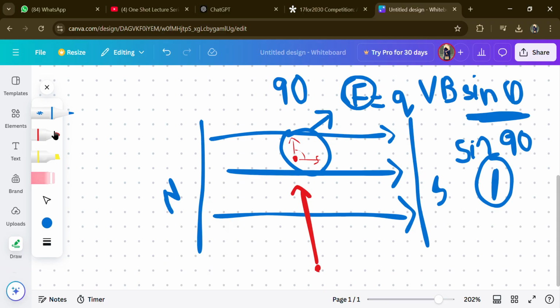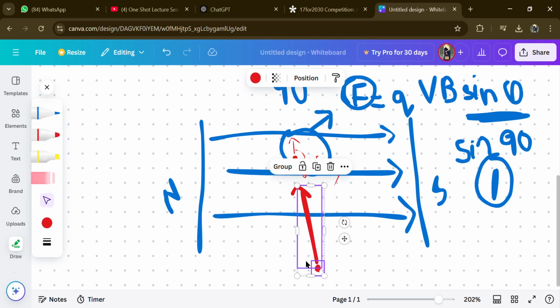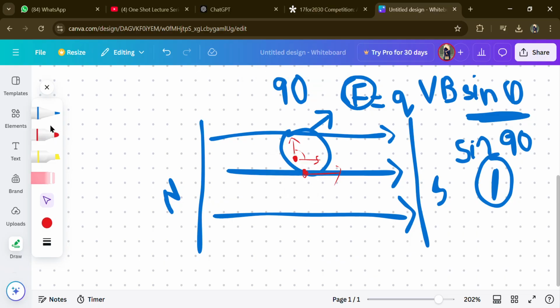Now what if the direction of the particle moving is at this place? Let me remove this one first. The charge that I was telling you about is now moving along the magnetic field, from north to south, or maybe south to north. So what would be the influence on the force in this condition?